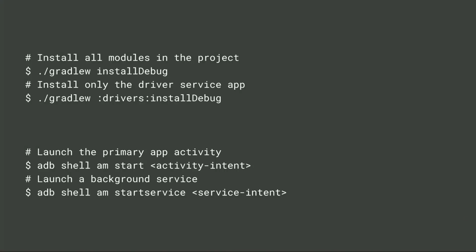One of the advantages of using the Gradle command line is that by default, when you run a command like install debug with no other modifiers, it builds and installs every module in that project. So with one command, you can deploy everything on the latest version to that device. And you can still do individual modules if you would prefer to do that by just adding the module name to the command as well.